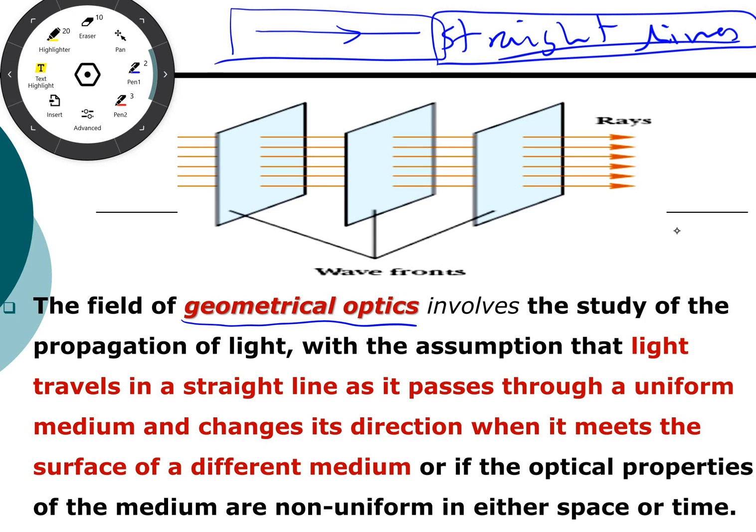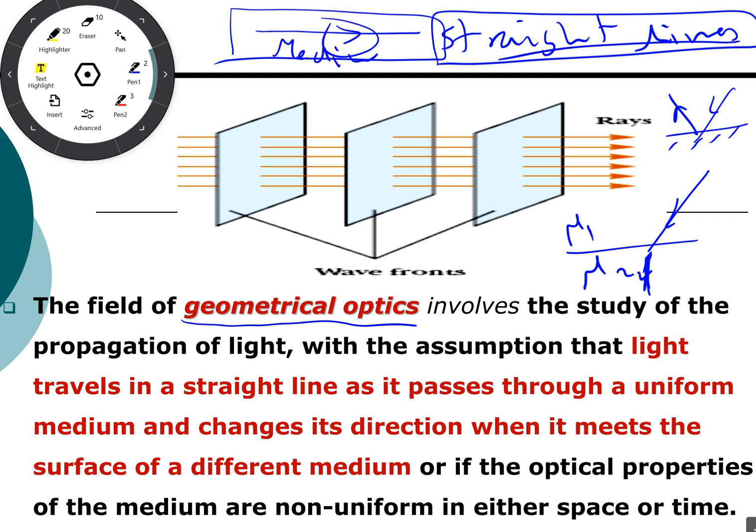Only the light changes its direction when it moves from one medium to another medium. So in this case, the light makes a refraction, and also if the light is incident on a mirror, the light will make reflection. But when the light moves in the same medium, it always moves in a straight line.